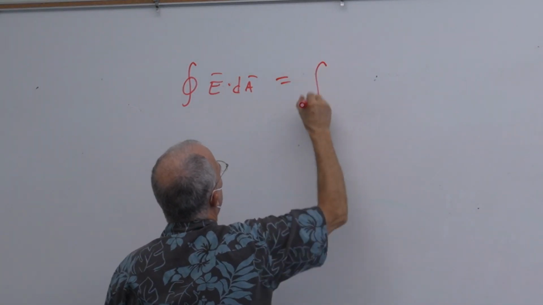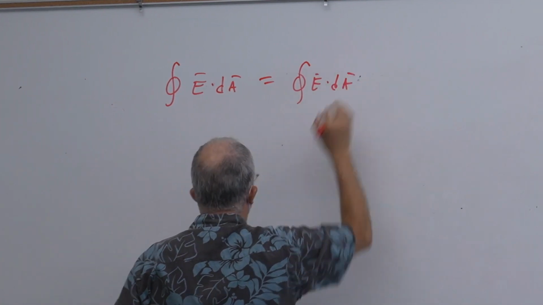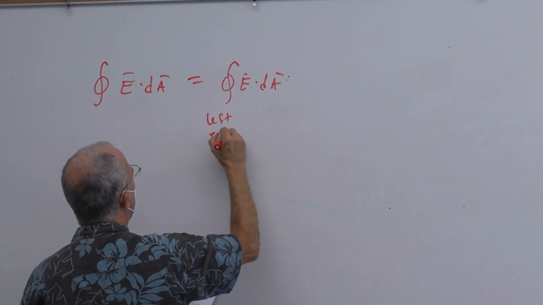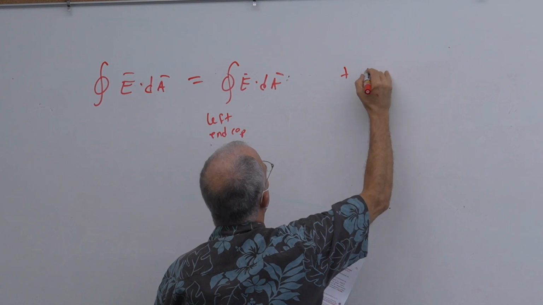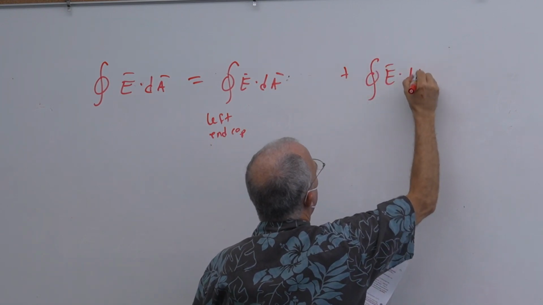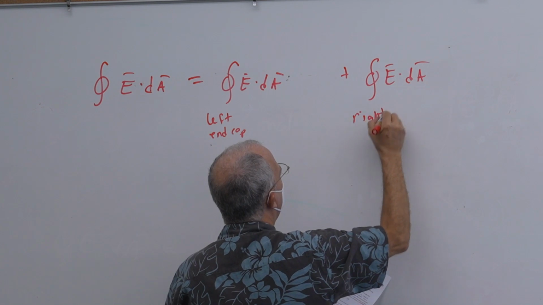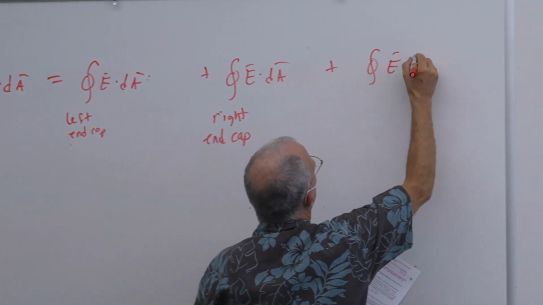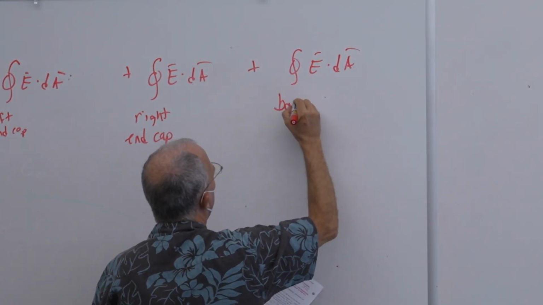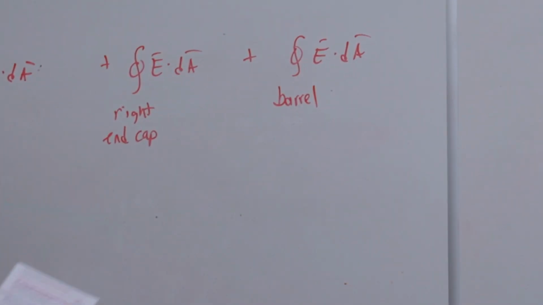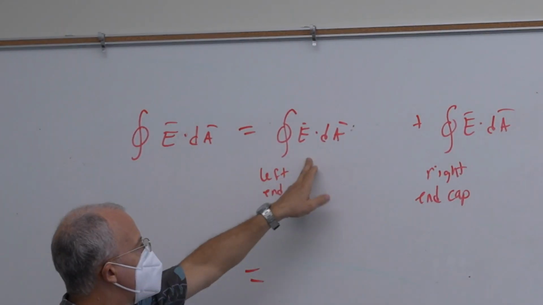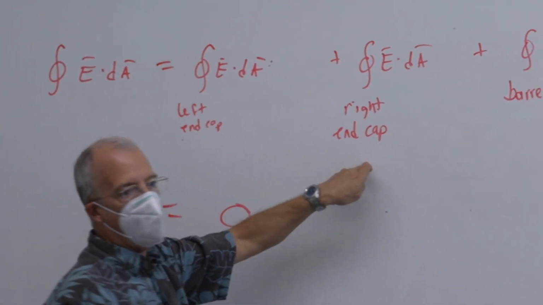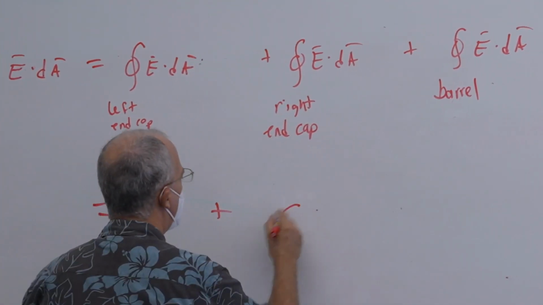So it's the integral of E dot dA over the left end cap, plus the integral of E dot dA over the right end cap, plus the integral of E dot dA over the barrel. Again, what is this for the left end cap? Zero. What is it for the right end cap? Zero.